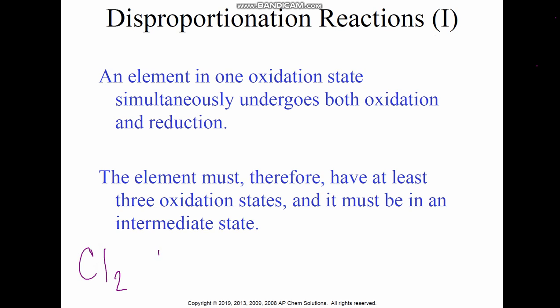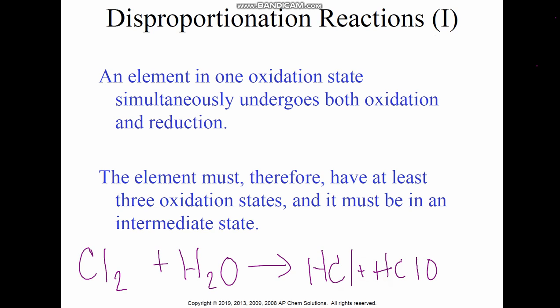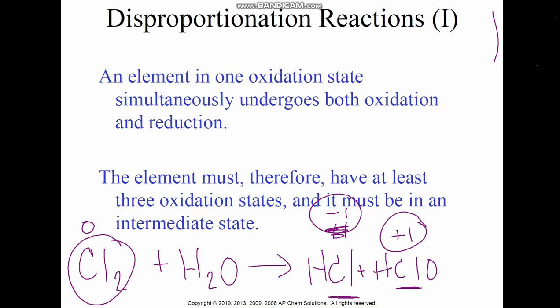If we have chlorine gas mixed with water, we end up with hydrochloric acid and hypochlorous acid. The chlorine has an oxidation number of 0, but in hydrochloric acid it has an oxidation number of -1, and in the other compound it has an oxidation number of +1. So in one case it gained electrons, and in the other it lost electrons, so it was both oxidized and reduced at the same time.